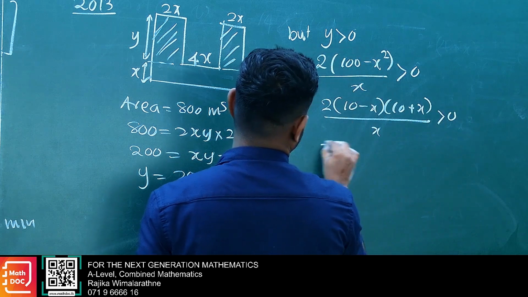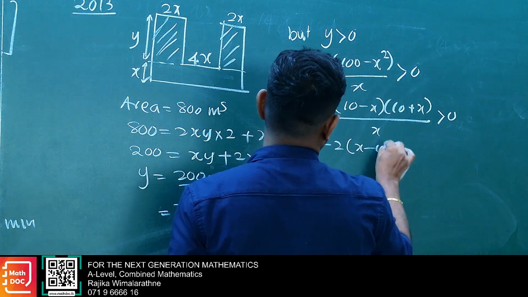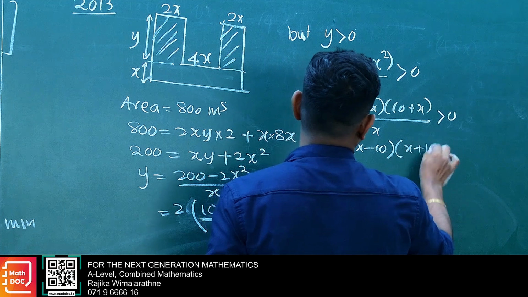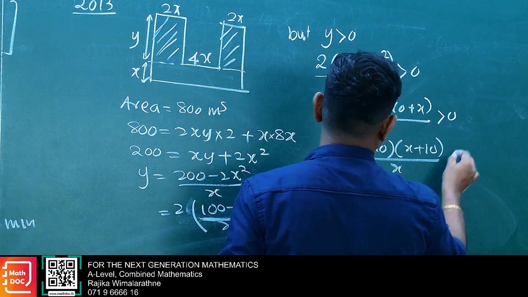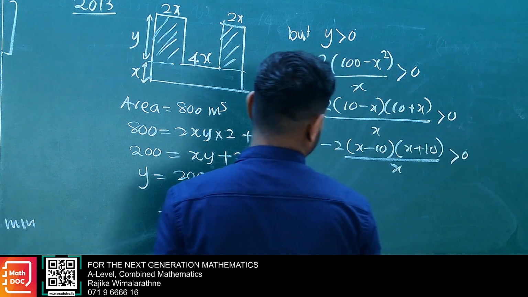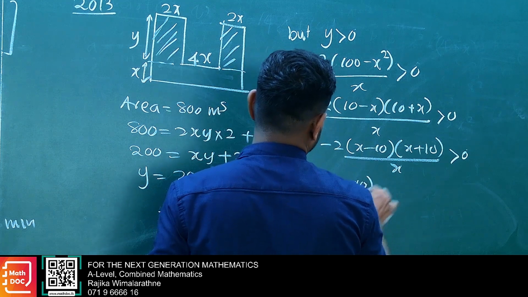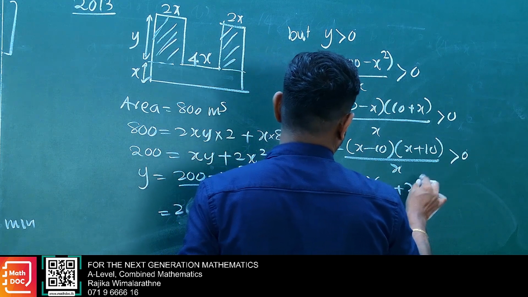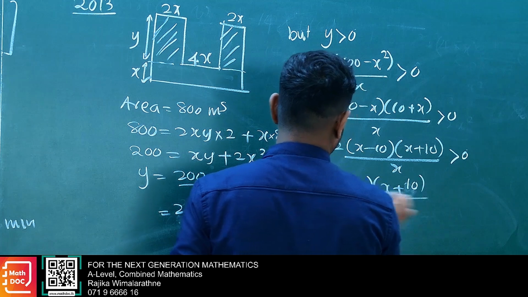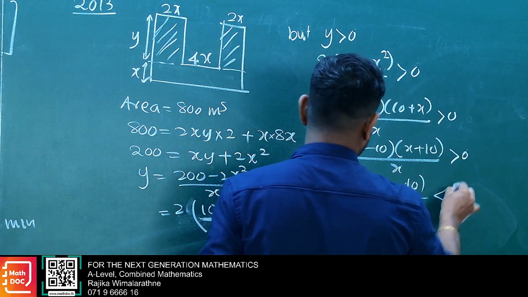Take minus outside: (x minus 10)(x plus 10) over x less than 0.